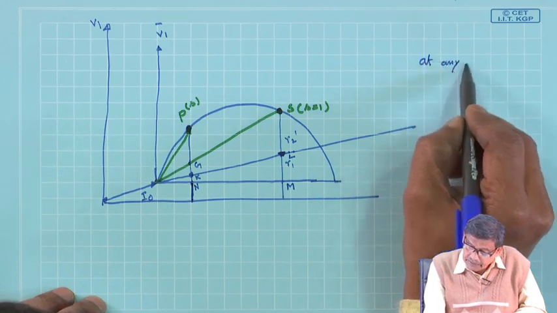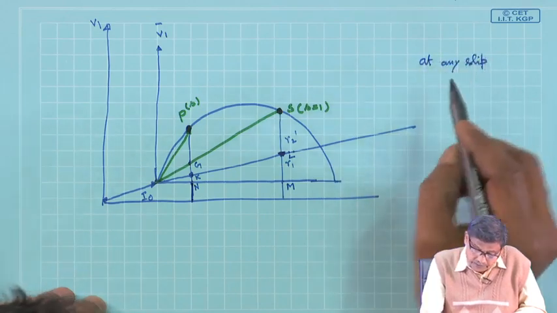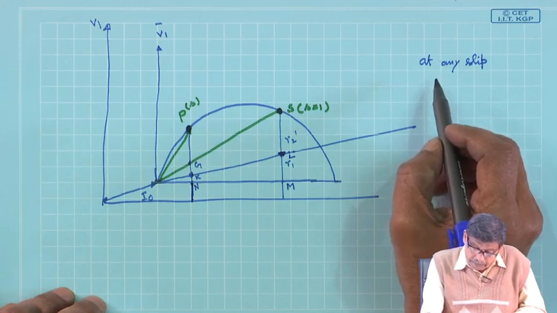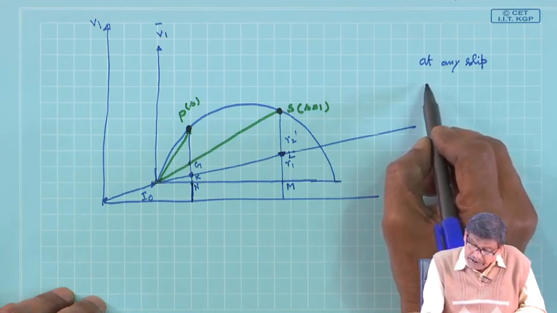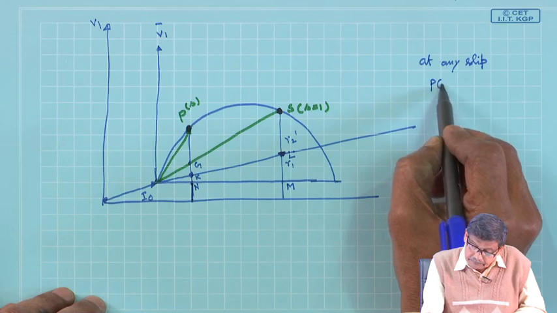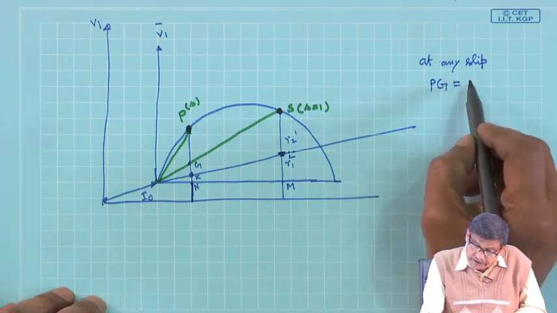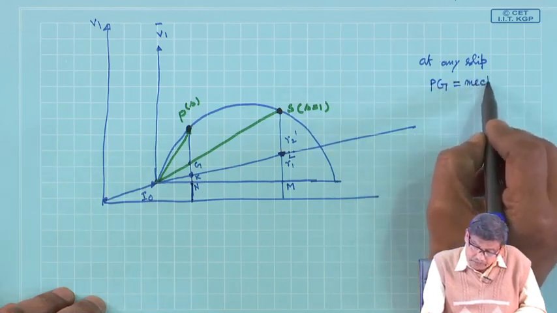So, at any slip, mind you, Pg is the mechanical power output.